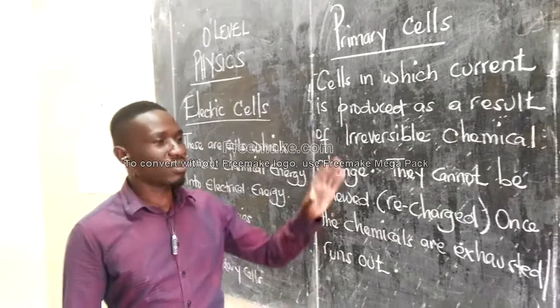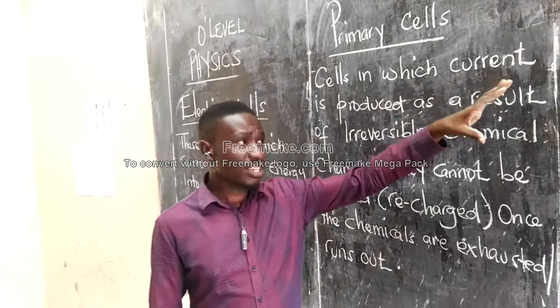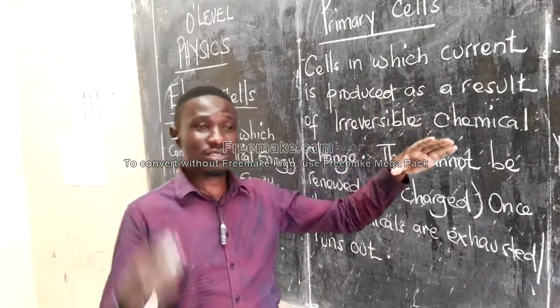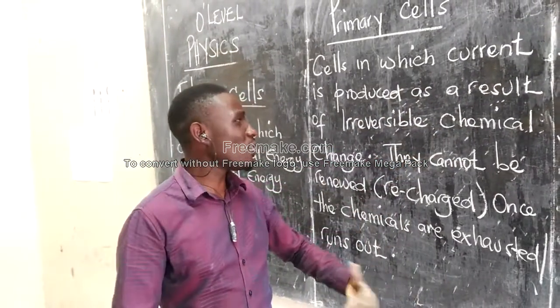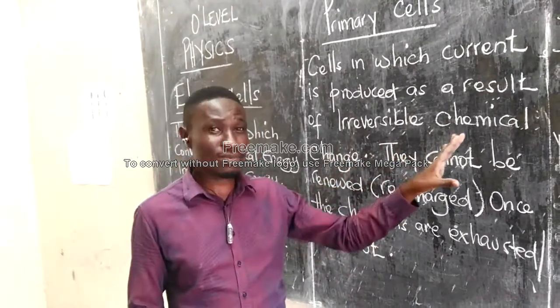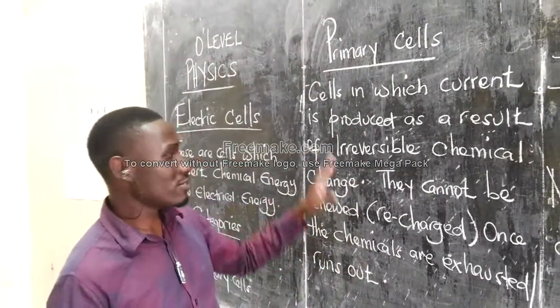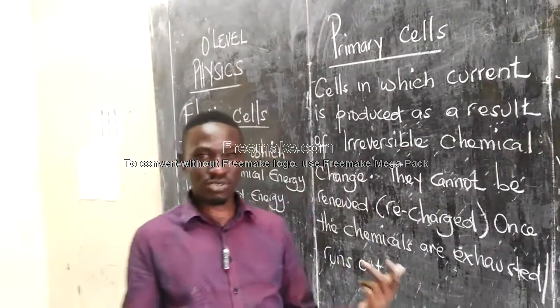Okay, so primary cells, like I was explaining to you, are cells in which current is produced as a result of irreversible chemical change. In chemistry, you will look at what we call irreversible chemical change. In layman's understanding, it means you cannot take it back to its original form.